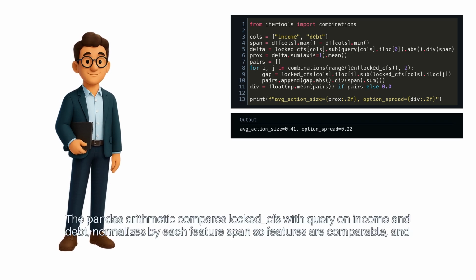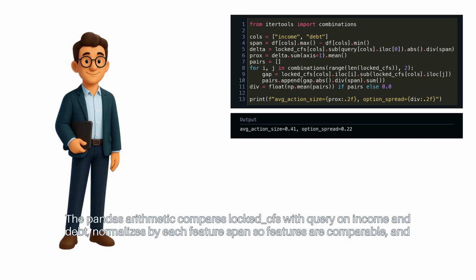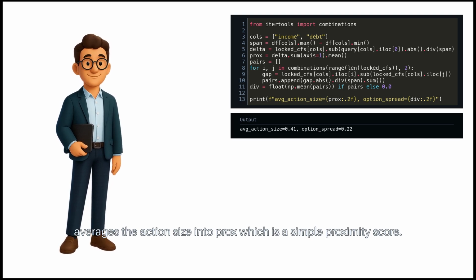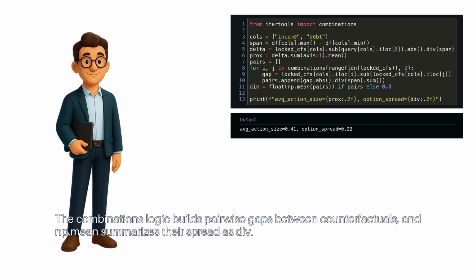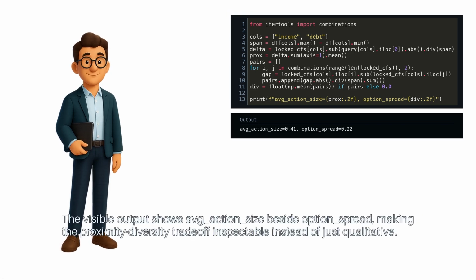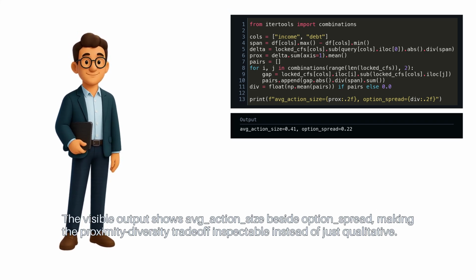The pandas arithmetic compares the locked CFs with query on income and debt, normalizes by each feature span so features are comparable, and averages the action size into prox, which is a simple proximity score. The combinations logic builds pairwise gaps between counterfactuals, and np.mean summarizes their spread as div. The visible output shows average action size beside option spread, making the proximity-diversity trade-off inspectable instead of just qualitative.